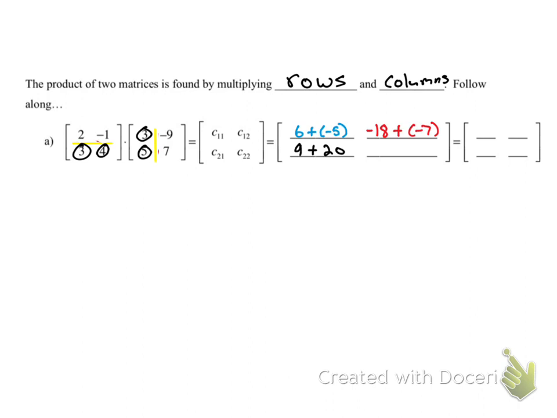And then I'll do my second row by my second column. 3 times -9 is -27, plus 4 times 7 gives me 28. Okay. I'll add those up, and my answer will be 1, -25, 29, and 1.